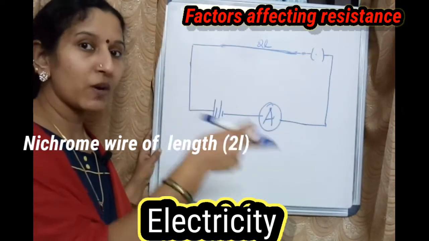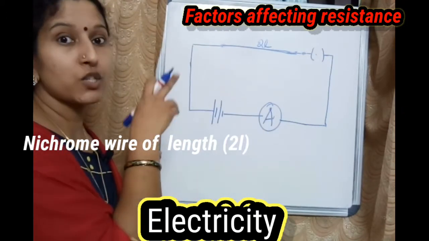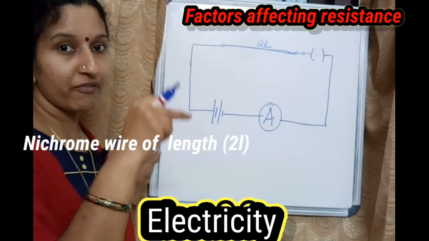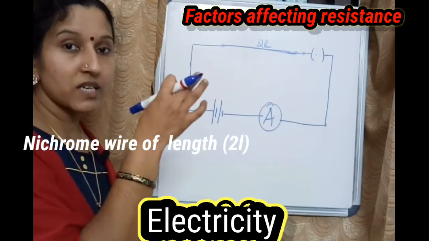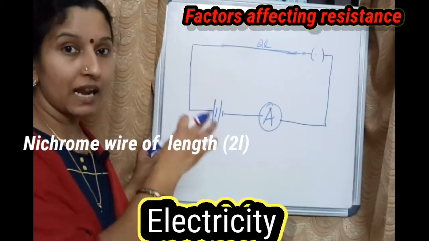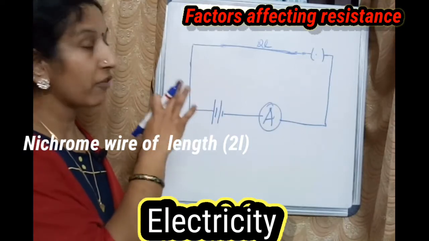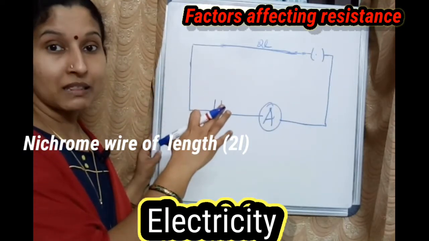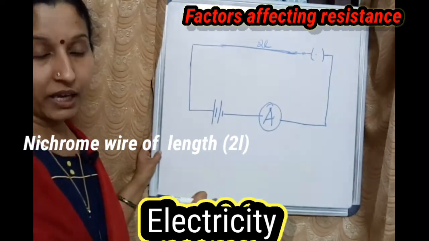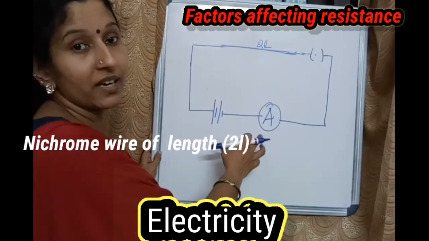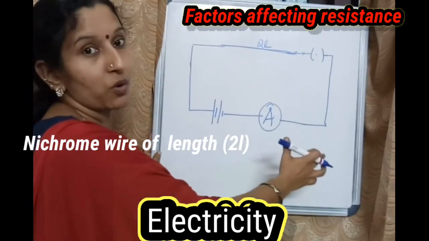In the previous case it was L and in the present case it is 2L, so you have to note that difference. I measure the ammeter reading and record it somewhere.